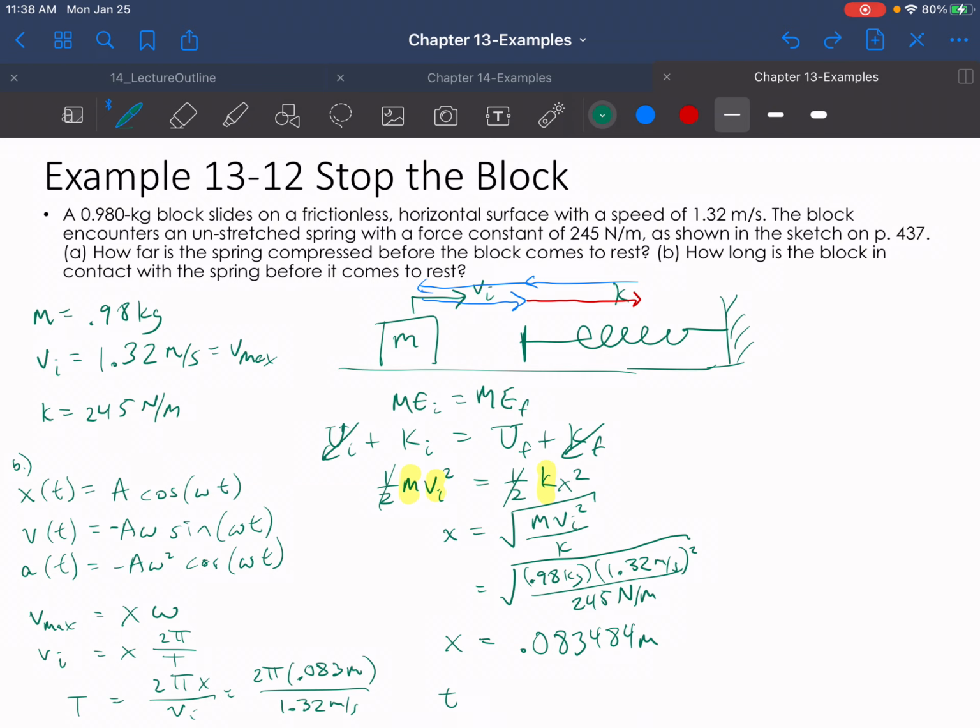The time for it to come to a stop is just the period over 4. So whatever number you get there, it's going to be 1/4 of that: 2 pi times 0.083 meters over 1.32 meters per second, just like that. Okay? And that's pretty much it for that one.